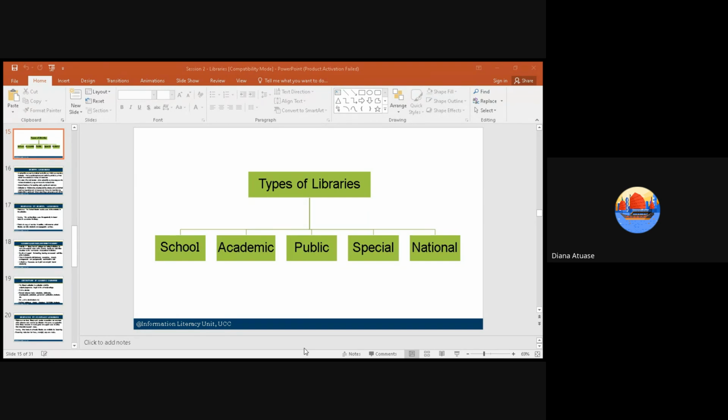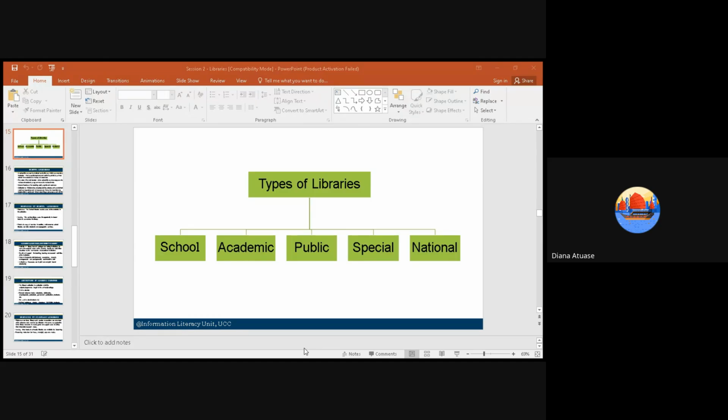Even if you are a foreigner, you can still have access to the public library. But there are some libraries that are a bit restricted. They restrict people because their services are just meant for particular people. But the public library is meant for everybody.